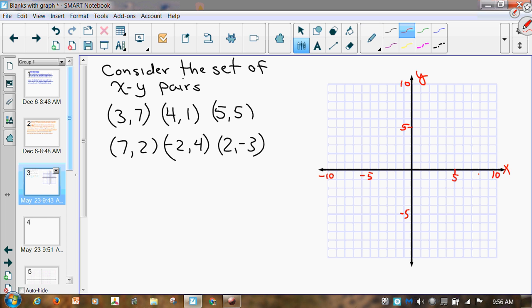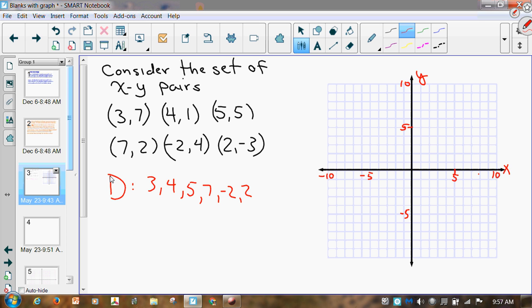Okay. Now the domain of this set would be, we can use red, what the heck, right? So there's the domain. The domain would be the set of values that defines the x's. Okay, so 3, 4, 5, 7, -2, and 2.